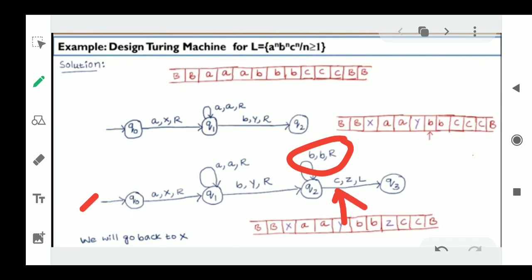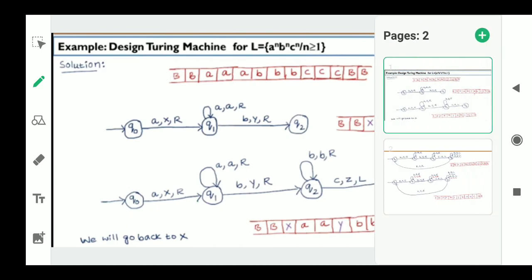When a new symbol c is found, we will replace that with Z. After that, we are not moving in the right direction. We are coming back in the left direction. See here, wherever a c is, you see here in the next step we will understand.